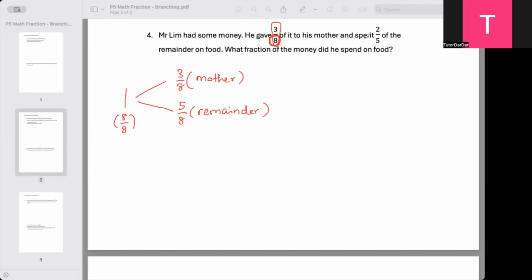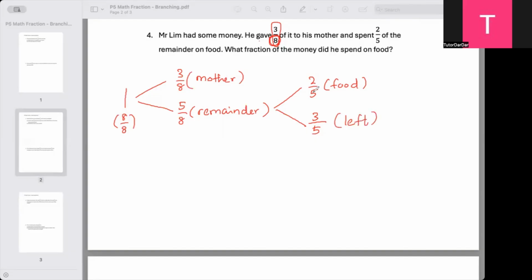Okay, then he spent 2/5 of the remainder on food. So from the remainder, another branch comes out, 2/5. This is on food. Then never leave this behind. Always finish this. So if 2/5 is here, you should have 3/5 here, which is left.